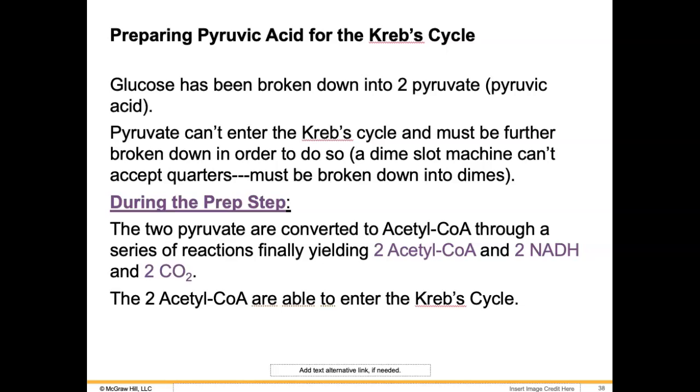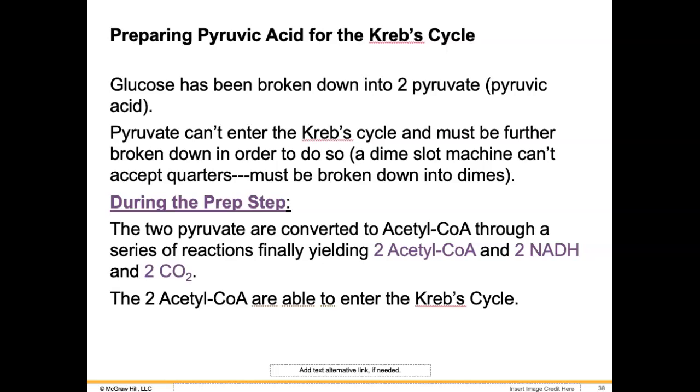The Krebs cycle cannot accept pyruvate or pyruvic acid, so there needs to be some more catabolic activity to further break down pyruvate so it can enter the Krebs cycle. Think of a dime slot machine that can't accept quarters, so we must break those quarters down into dimes. That's the same idea as pyruvate entering the Krebs cycle. It just doesn't fit. It's not the right component.